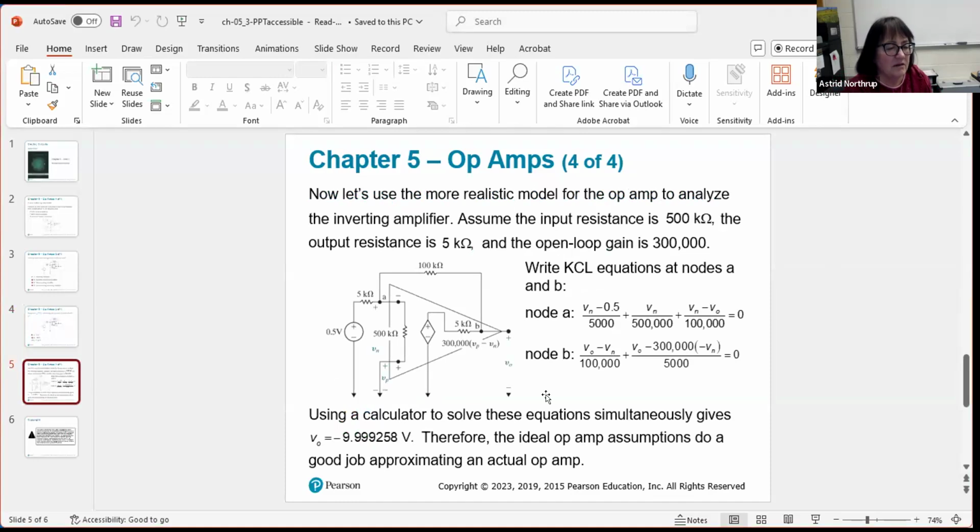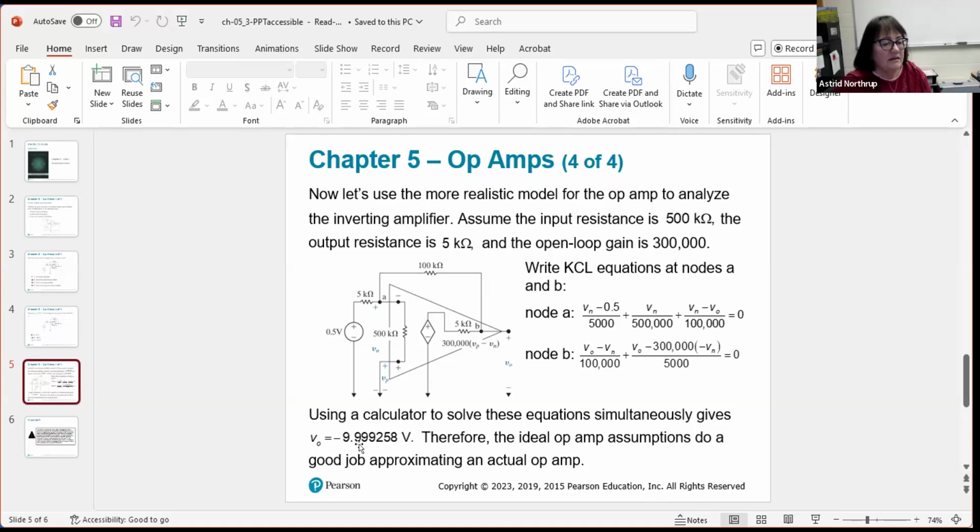So here, instead of treating it as an ideal amp or an ideal circuit of any sort, we just go through the process and do the analysis at node A, and we do the analysis at node B. When we combine those, we can solve for V sub O.